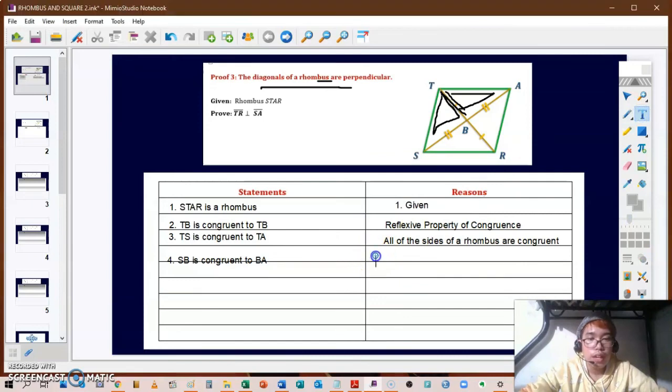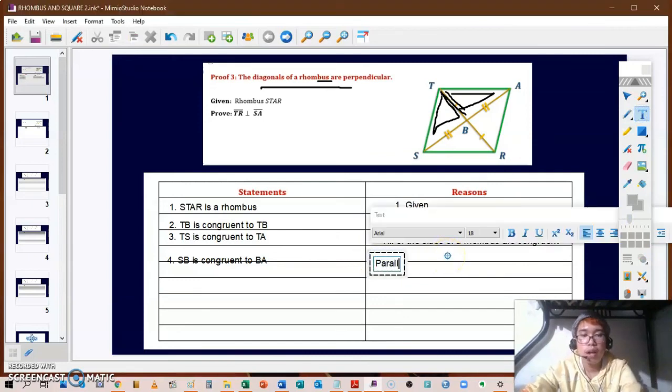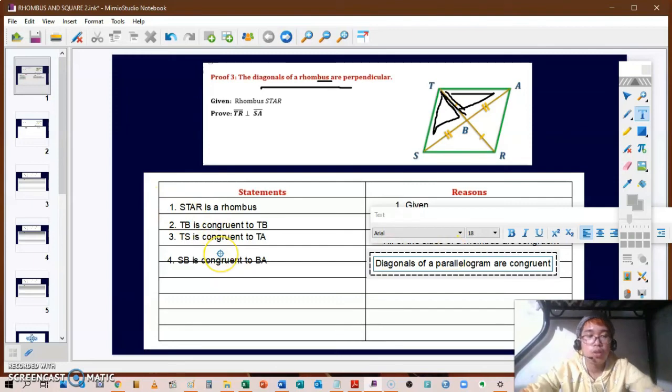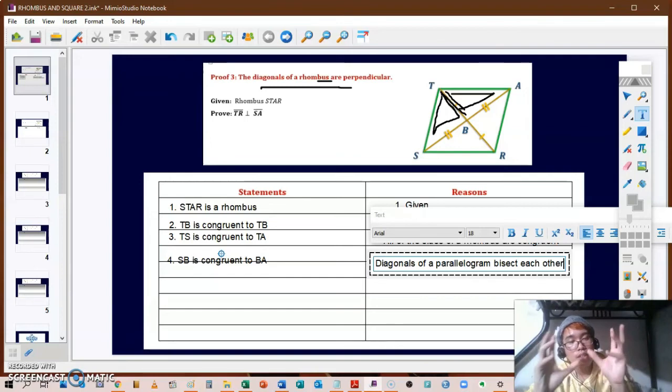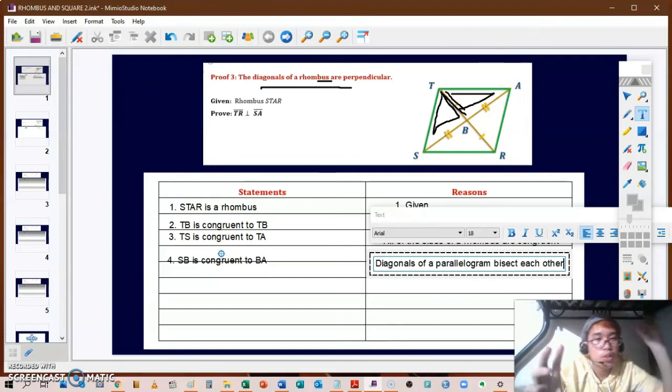The reason for that is that the diagonals of a parallelogram bisect each other. So that means the line segment SB is congruent to line segment BA because it's been bisected by the diagonal TR.